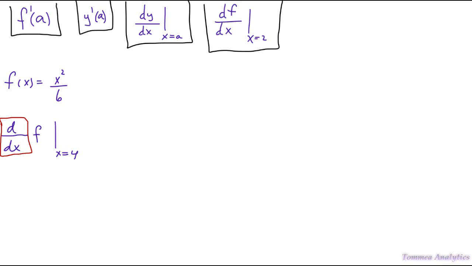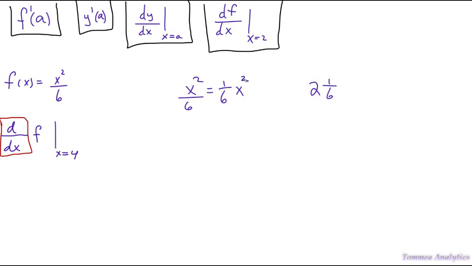Now to see how d over dx operates on the function, what we're going to do is first rewrite the function x squared over 6 into 1 over 6 times x squared. Okay, these are equivalent. What we do is we take the exponent and we drop it down to the left. So it's 2 times 1 over 6.